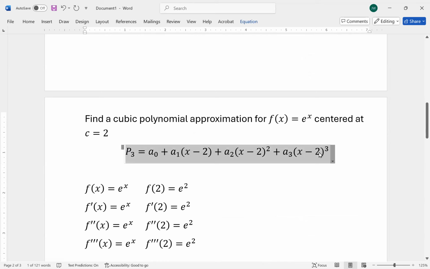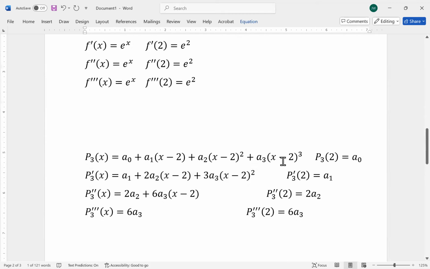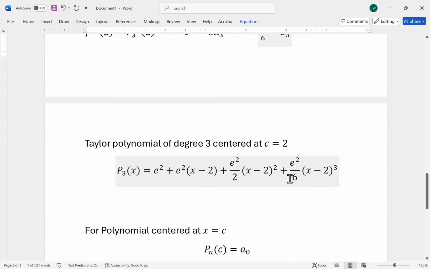Now I can just say, I know what these coefficients are. A sub 0 is what I get when I take the function and plug in my center. A sub 1 is what I get when I take the first derivative, plug in the center, divide by 1 factorial. A sub 2 is the second derivative, plug in the center, divided by 2 factorial. The third coefficient is the third derivative, plug in the center, divided by 3 factorial. And that's precisely what we got.